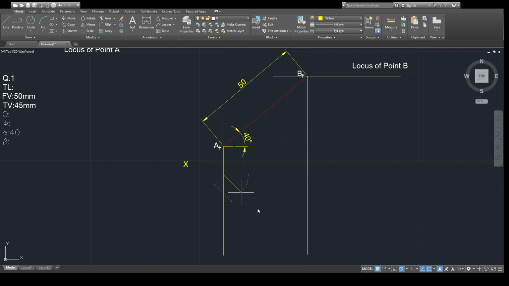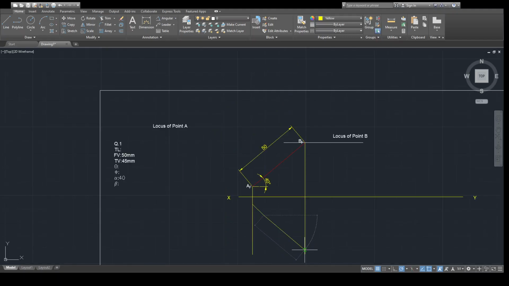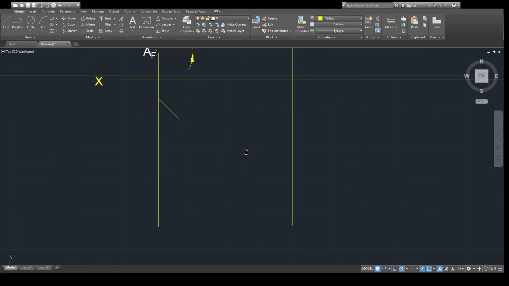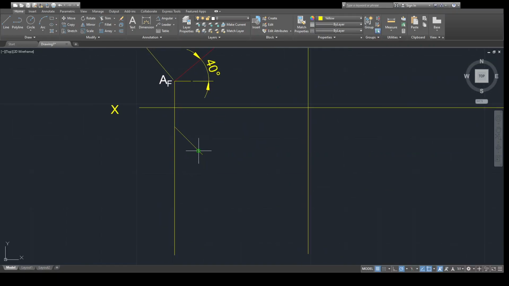Length doesn't matter, you just extend it. So take any line here. What is the angle? 45 degree, doesn't matter the length, you just extend it.